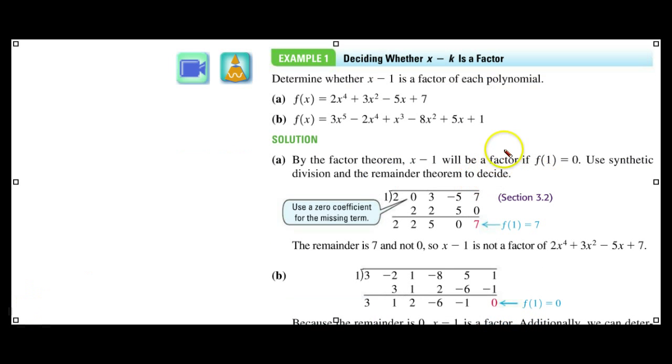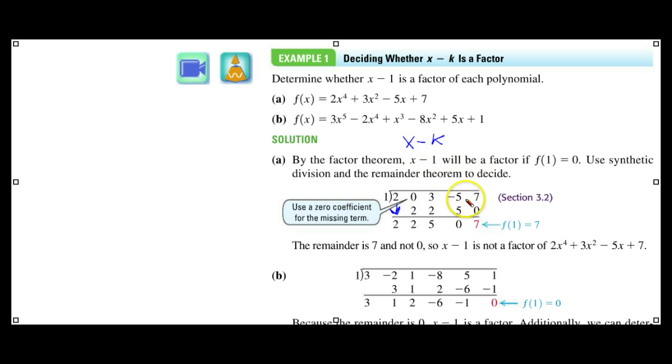I've already shown you how to set this up: if this is x minus k, what would k have been? Well, it was the opposite sign. So if here it's a -1, then we're going to use a 1. And we're going to go through our process of synthetic division.